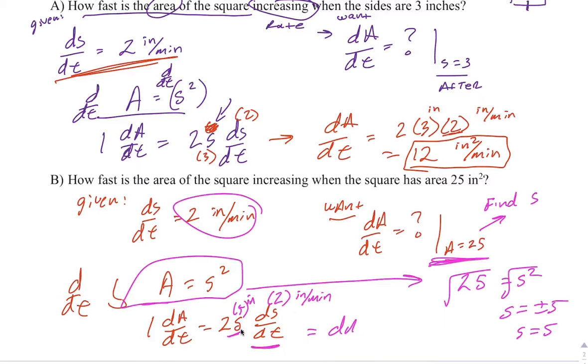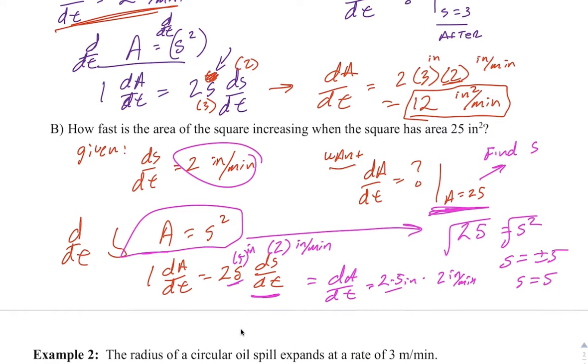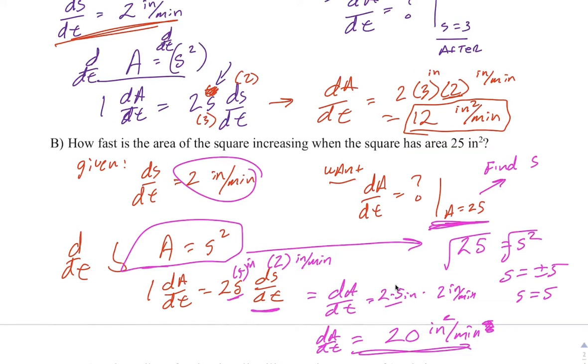I get dA/dt equals 2 times 5 inches times 2 inches per minute, which gets us 10 times 2 is 20 inches squared per minute. And that's the rate at which our area is changing. So every minute it's increasing by 20 inches squared.